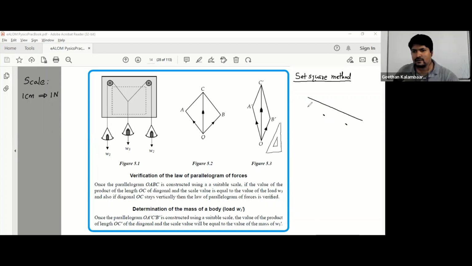Now I take the white sheet out and extend the line joining these two points. This line is exactly directly below the string. So this is how we use the set square to trace the string on the white sheet.